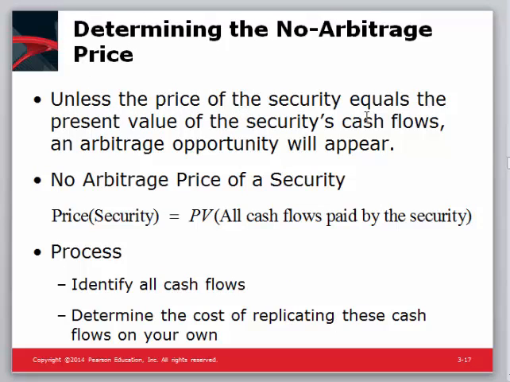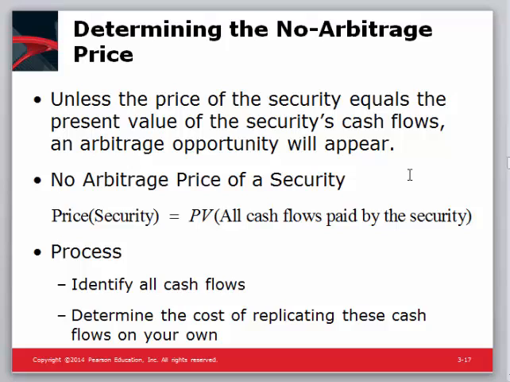So unless the price of a security equals the present value of the security's cash flows, an arbitrage opportunity is going to appear. So in a no-arbitrage world, the price of the security is exactly equal to the present value of all cash flows paid by the security. What process do we need to go through? First of all, we need to identify all the cash flows.